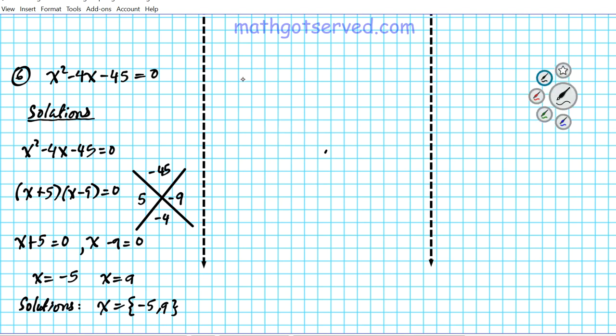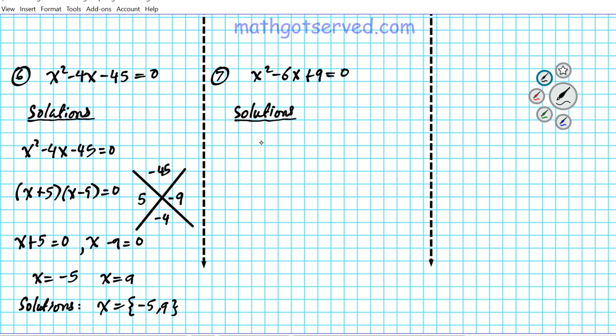Okay, moving along, question number 7. So for question 7, let's say we have the quadratic trinomial x squared minus 6x plus 9 equals 0. Okay, so we are going to solve this by factoring again.